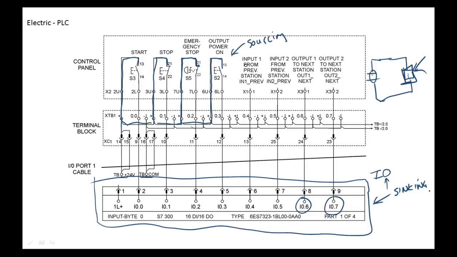Sometimes it's configurable on the PLC, sometimes it's not. Allen Bradley allows you, on some of their PLCs, to set them up as sinking or sourcing. On a modular PLC, which means you have individual modules that you plug into it, you buy either sourcing or sinking. Rule of thumb, though, is inputs are sinking and outputs are sourcing. But these are all inputs.